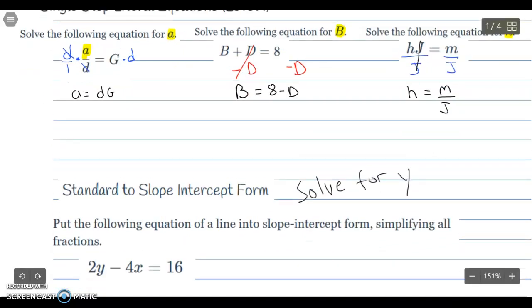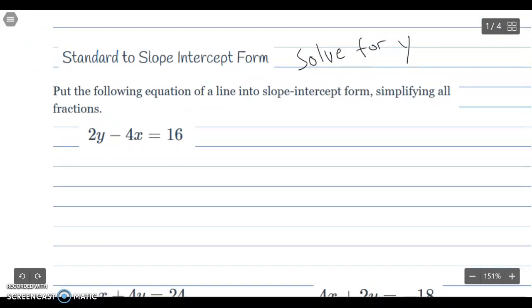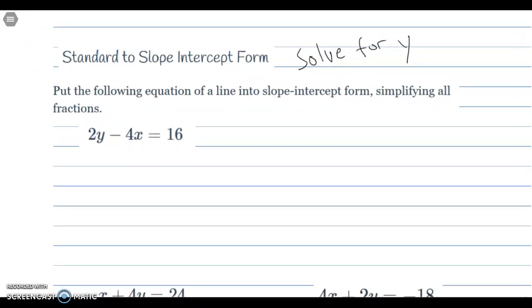So let's take a look at some examples. All right, so it says put the following equation of the line into slope-intercept form, simplifying all fractions. Okay, so if you have a fraction, you're going to simplify it as best you can, but we'll worry about that later. First, we want to solve for y, and that's how you put it in slope-intercept form.